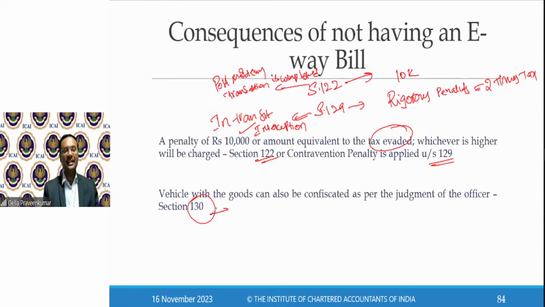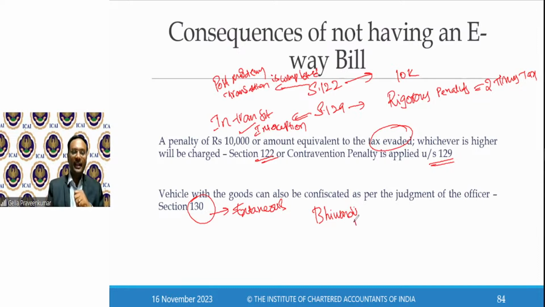Now this is an extraneous case where the proper officer has stopped the vehicle. I'll give a classic case example for you to remember this section 130. Let's take the example of Bhiwandi. Bhiwandi is a place in Rajasthan.